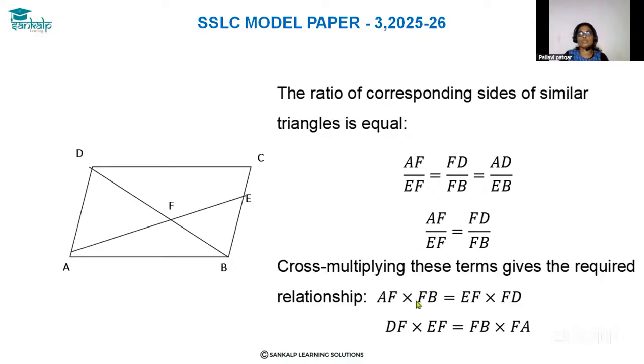So we take two ratios, AF divided by EF is equal to FD divided by FB. So cross multiplying these terms gives the required relationship, that is AF into FB is equal to EF into FD. So interchange: DF into EF is equal to FB into FA. So hence the proof. Thank you.